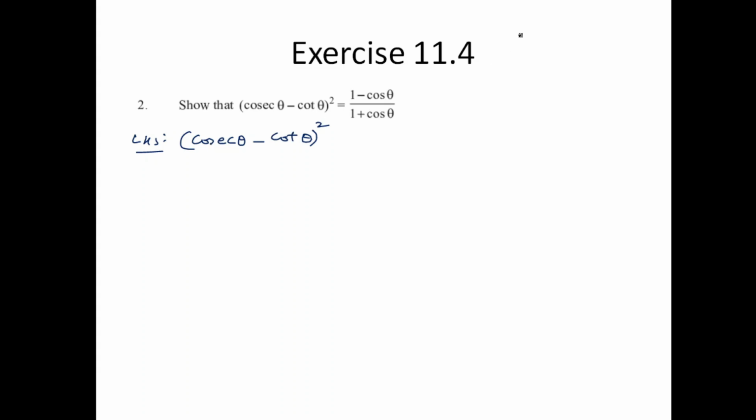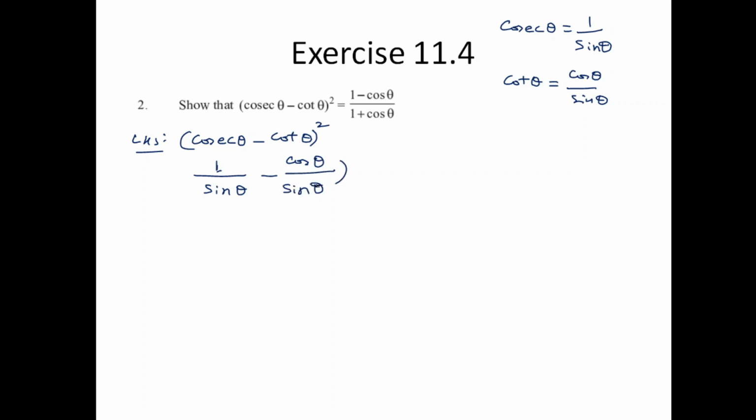How can I write cosec theta? See, cosec theta can also be written as 1 by sin theta, and cot theta can be written as cos theta by sin theta. So I can write this as 1 by sin theta minus cos theta by sin theta, the whole square.